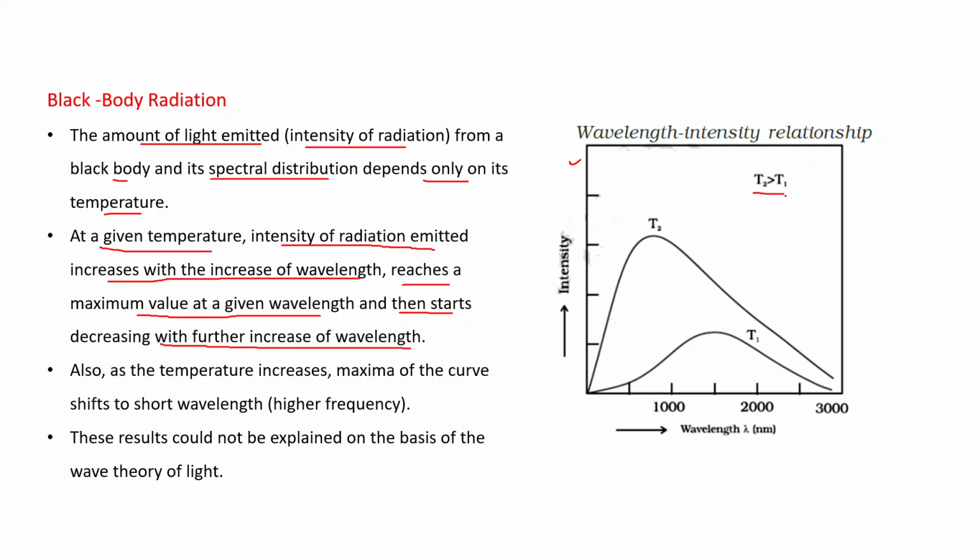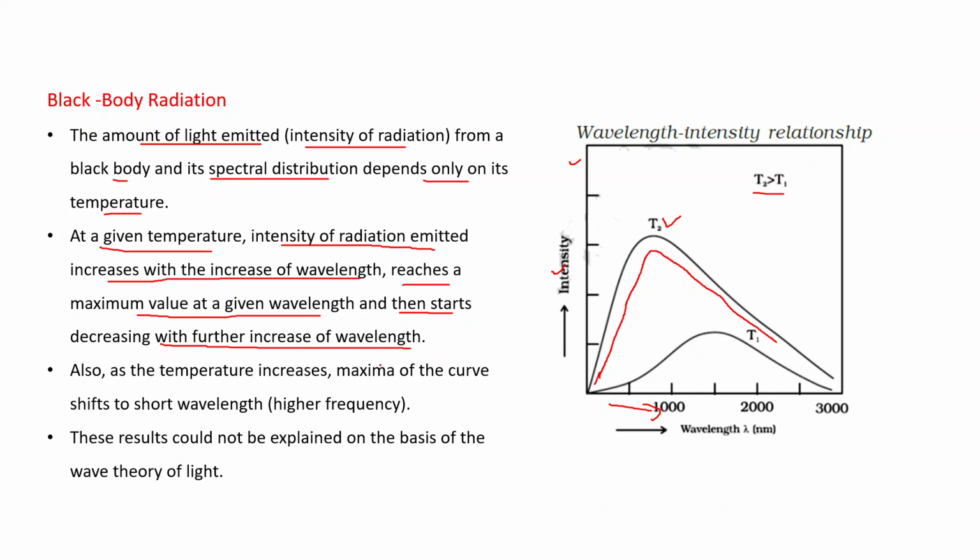T2 is greater than T1. If we see temperature T2, on this side is wavelength and on this side is intensity. As the wavelength increases, intensity first increases and reaches the maximum. Then, as the wavelength increases further, the intensity decreases.